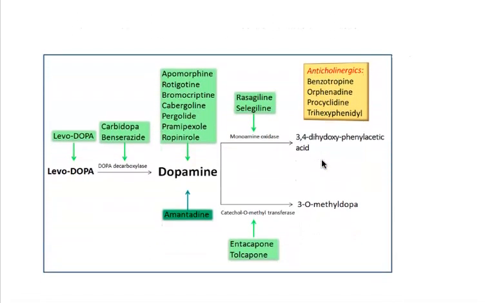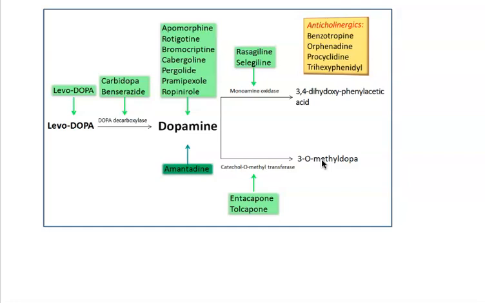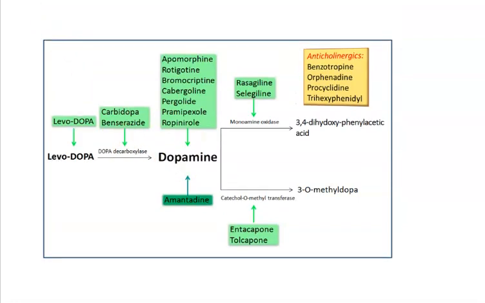And there are more things that we can do. So one of the things, we mentioned the L-DOPA, which we can put in, and then that gets converted to dopamine. And when we add levodopa, we can also add these two enzyme inhibitors that are going to inhibit the conversion of levodopa to dopamine until it gets to the brain.